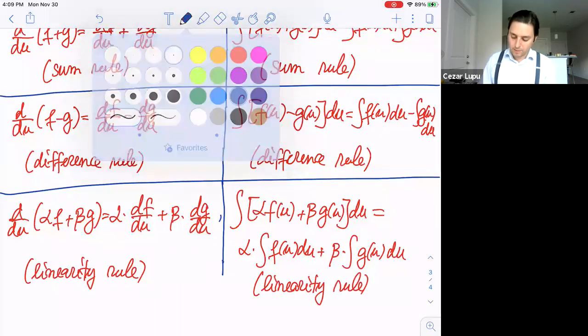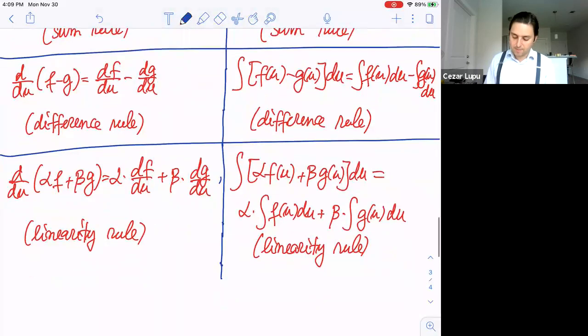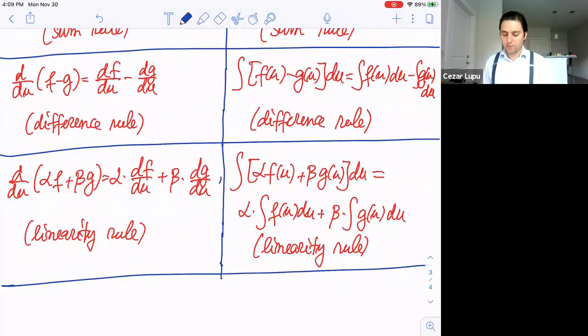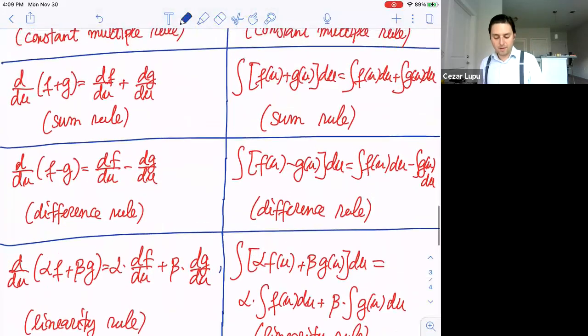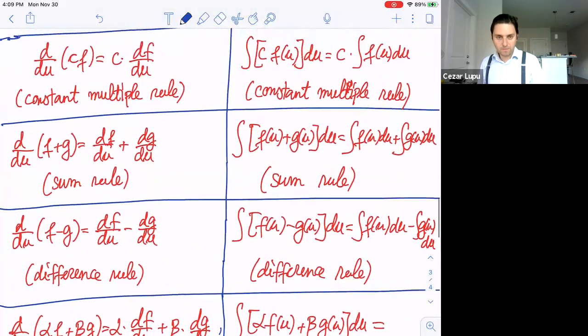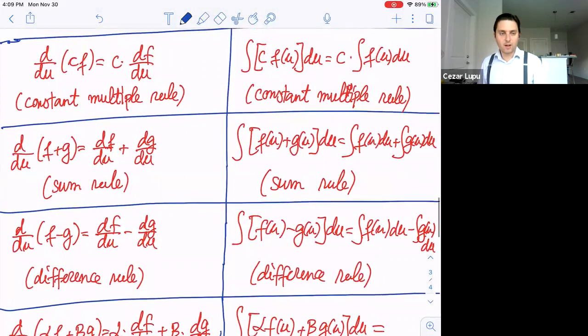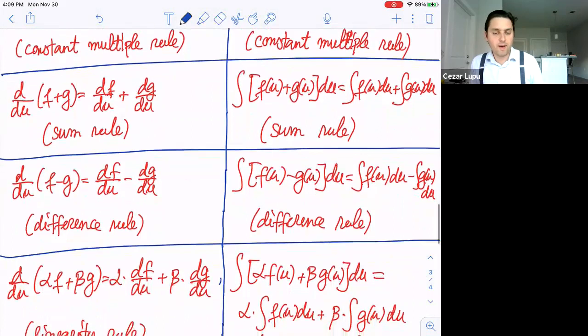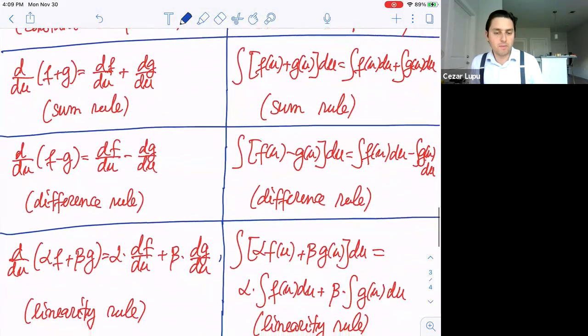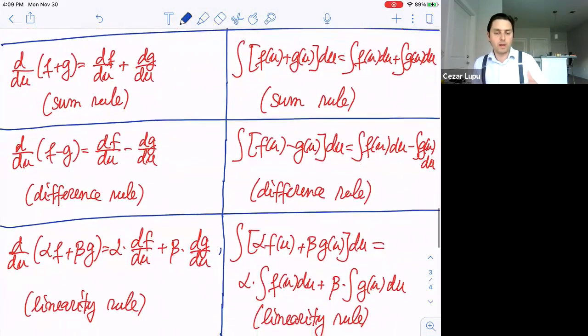Okay, so this sums up the rules for the integrals. So I want you to look at them. These are the rules: the constant multiple rule, the sum rule, the difference rule, and the linearity rule. In fact, the only thing you need to remember is the last one, because the last one will include all the others.